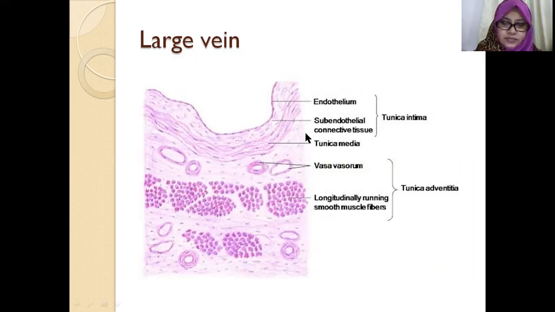And this is tunica adventitia. In a vein, tunica adventitia is thicker than tunica media. In this tunica adventitia, we can see these are vasa vasorum, and these are longitudinally running smooth muscle fibers.